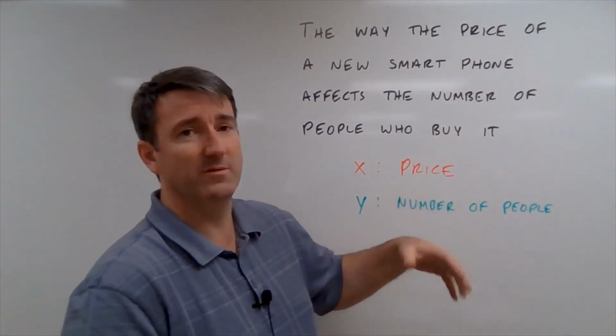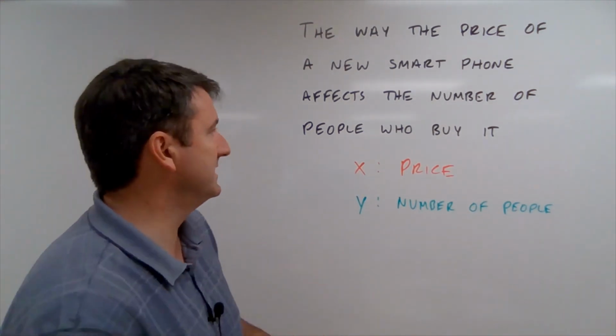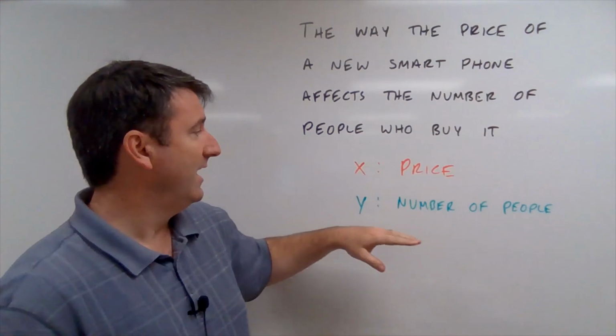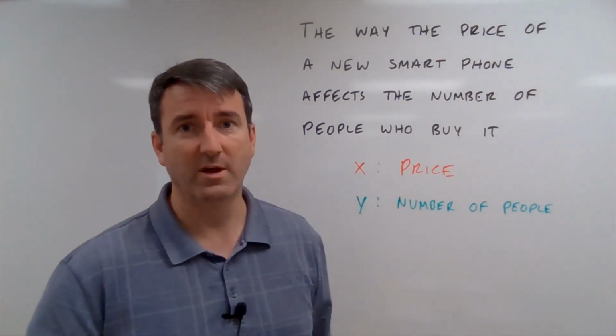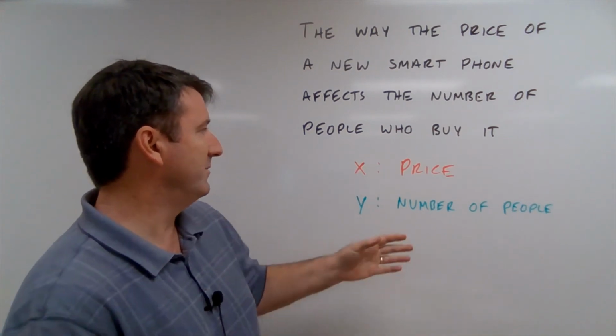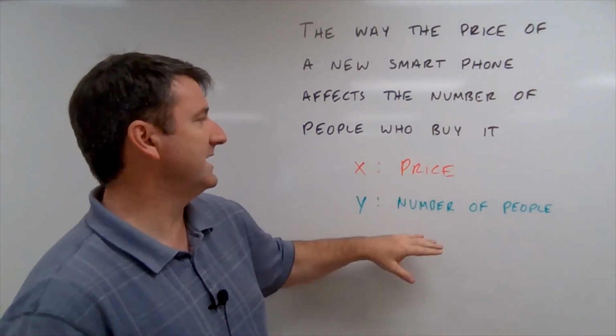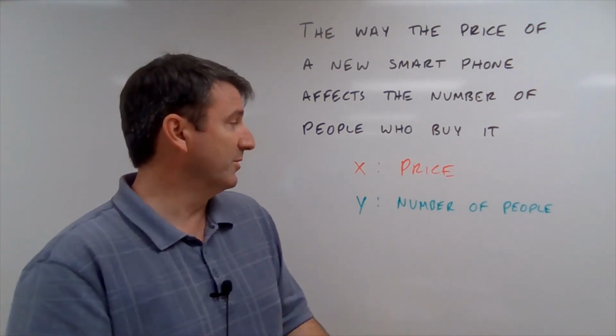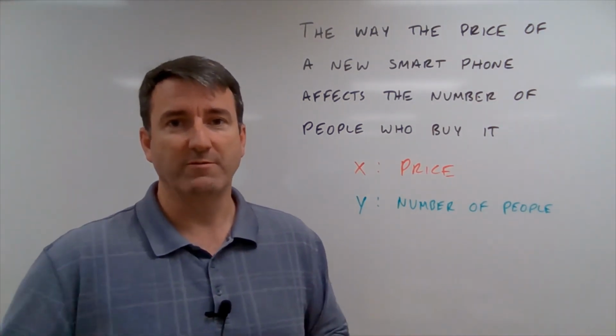And now how can we describe this relationship? Well, the higher the price, the fewer people are going to buy the smartphone. So that would be our description of the relationship between these two variables. The higher the price, the fewer people buy the smartphone.